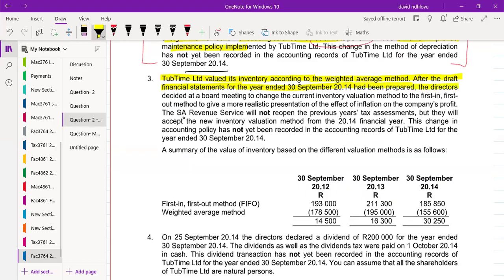The directors decided at a board meeting to change the current inventory valuation method from the first in to the first out.